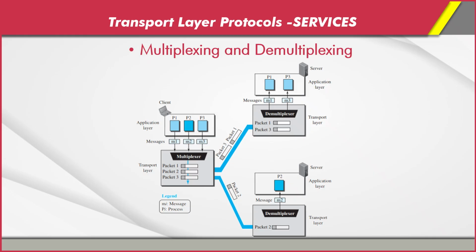The transport layer at the client side accepts three messages from three processes and creates three packets. It acts as a multiplexer, so that is why we call this process multiplexing. Packets 1 and 3 use the same logical channel to reach the transport layer of the file server.